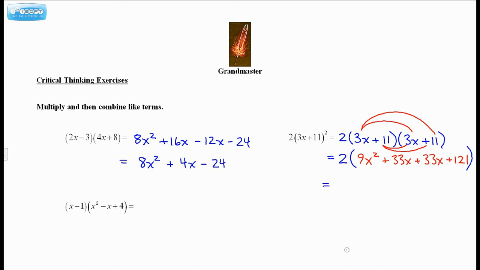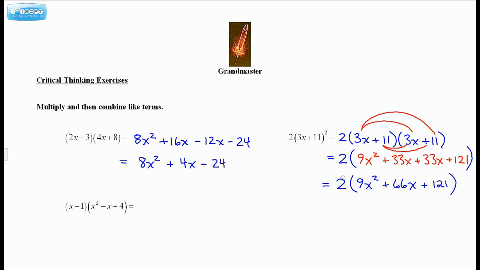Now, I'm not going to multiply this 2 yet using the distributive law because the inside here can be simplified. I have 33x plus 33x. So I have 9x squared plus 66x plus 121.